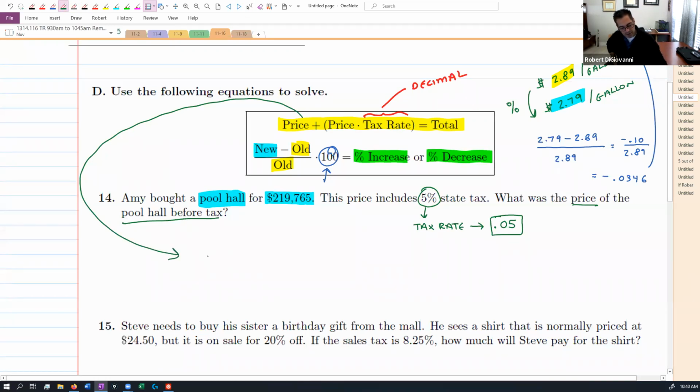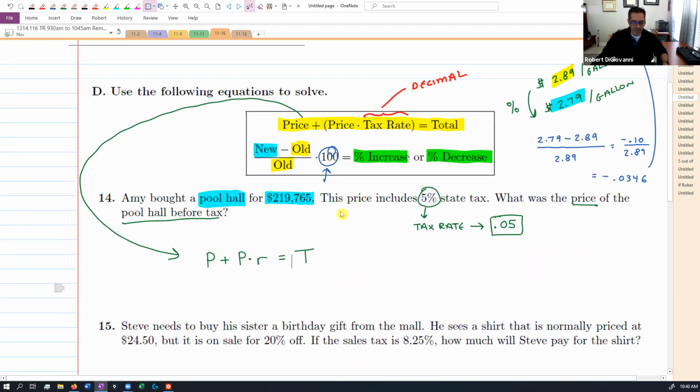Instead of price, I'm going to put P, plus, and instead of writing price times tax rate, I'm going to do P times R equals T for total. Do y'all see how that's this formula? Price plus price times tax rate, I'm calling R, is equal to the total. Y'all agree with that equation, or understand that equation?